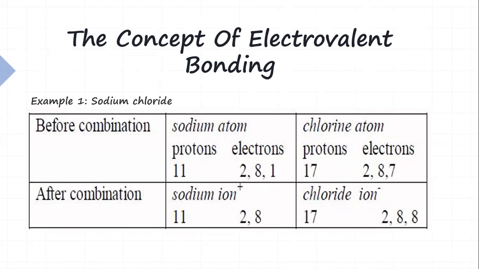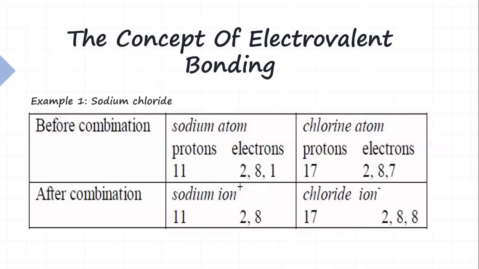The sodium ion still has 11 protons, but the electrons remain 2, 8, while the electron from the sodium combines with the chlorine atom, making it a chlorine ion having 17 protons and electrons 2, 8, 8, making it a stable compound.